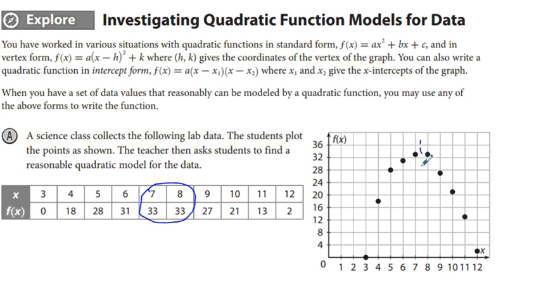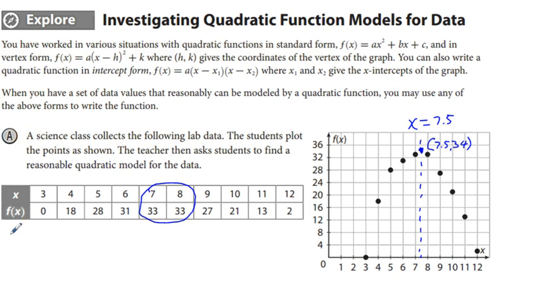Again, I'm picking this out manually. I'm going to take an axis of symmetry of X equals 7.5, and we're going to pick a maximum value of 34. So our point here is going to be 7.5, 34.